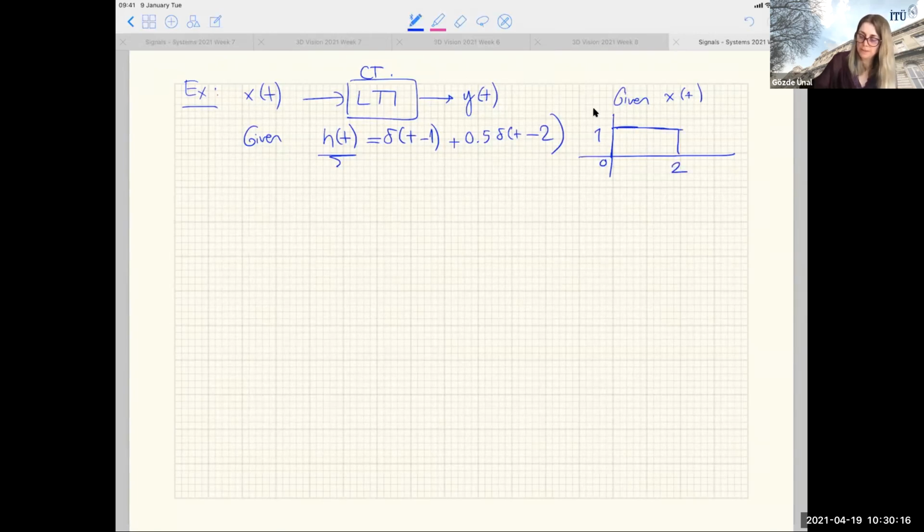Given also the impulse response, the question is: find the output y(t).